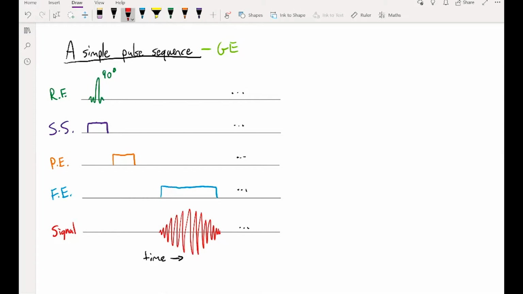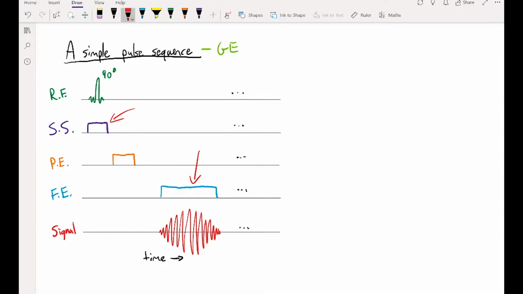And that's not exclusive to the y direction. That can occur in any direction, which means that our slice selection gradient here and our frequency encoding gradient there are also introducing phase differences, which is bad because, like I talked about earlier, we only want to see our frequency encoding differences in the x direction and our phase encoding differences in the y direction.